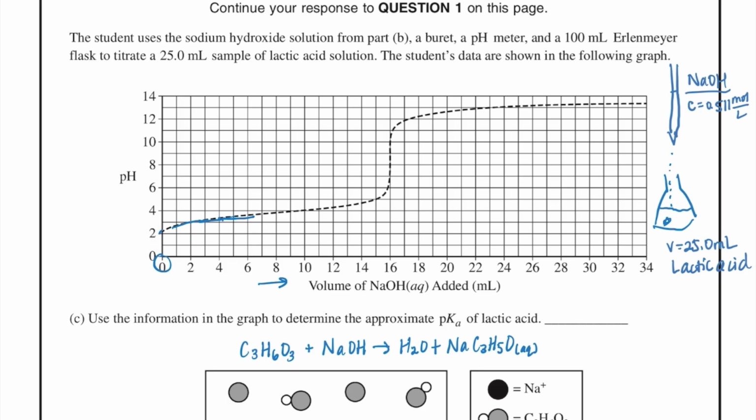As we go along here, we're adding more base, and at some point, we've added 16 milliliters of base. This 16 milliliters for this titration represents the equivalence point, which I've circled there. The meaning of the equivalence point is that the moles of base equals the moles of acid.